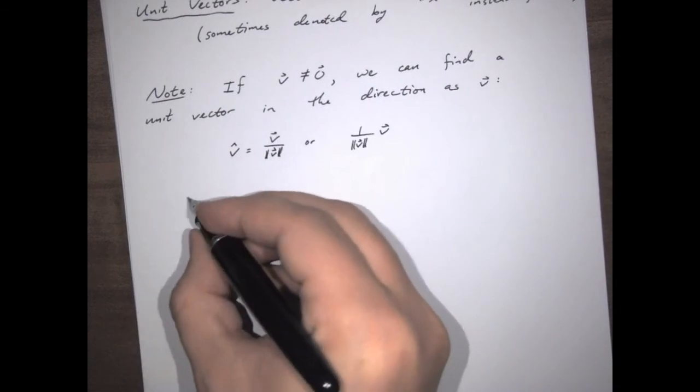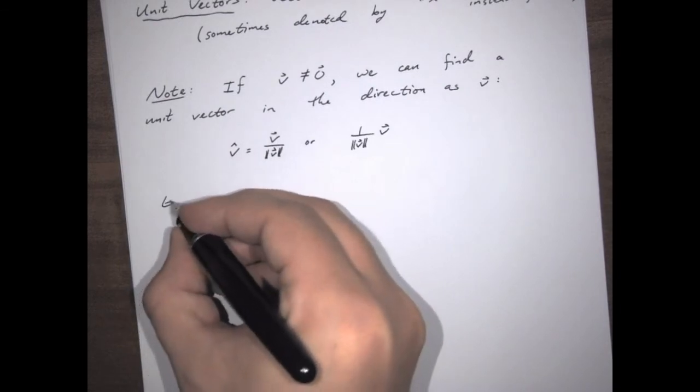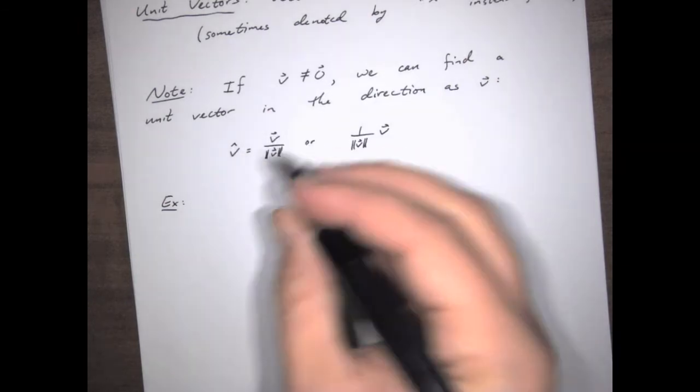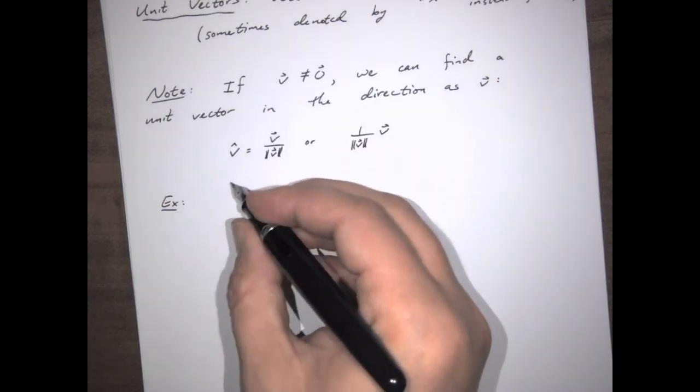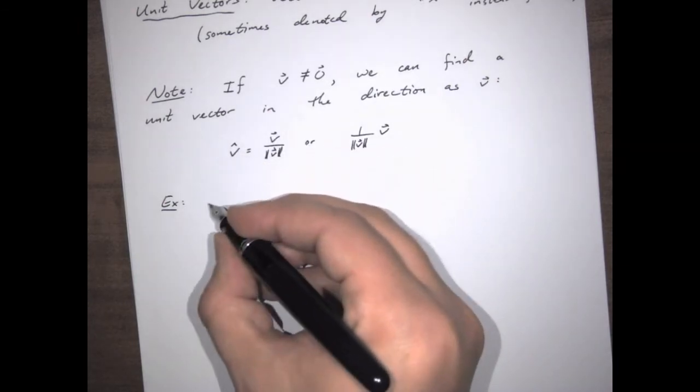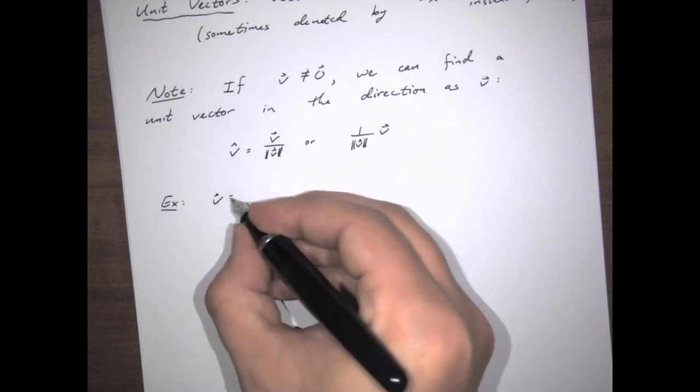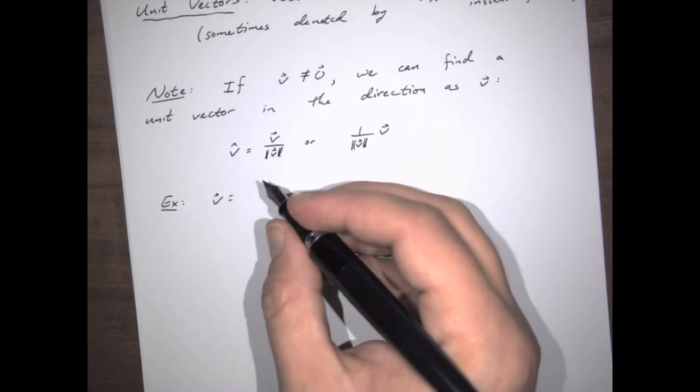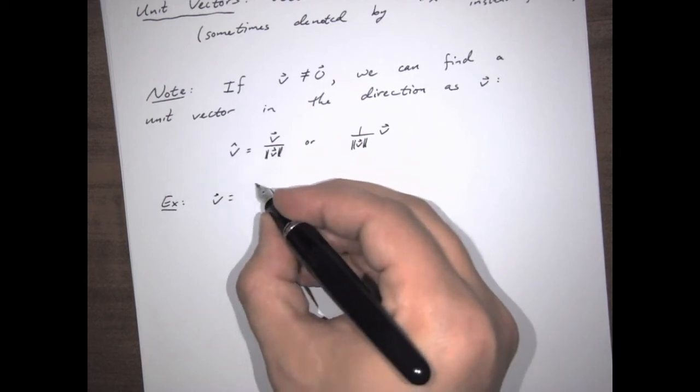And we can do this, for example, for the v that we just used, we might as well use that same v again, v of 5, 6, negative 7.